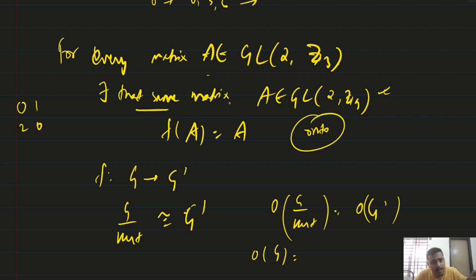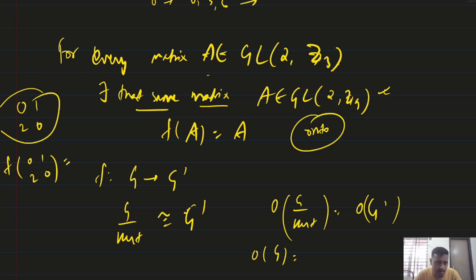There exists that same matrix A. You take this same matrix and map it here. It will give you the image. So what I am saying is that you take any element from the codomain, and that same element will be the pre-image. It will be like an identity function, f of A equals A. So for every element in the codomain, we are getting a pre-image. So this is an onto homomorphism.